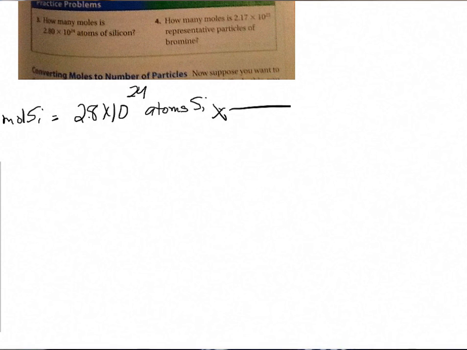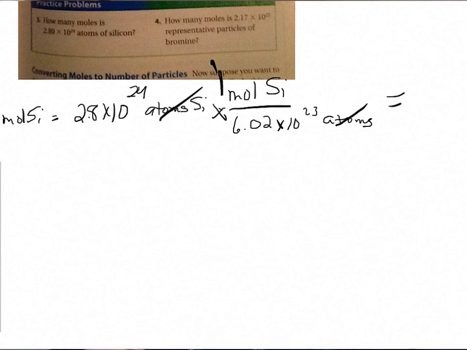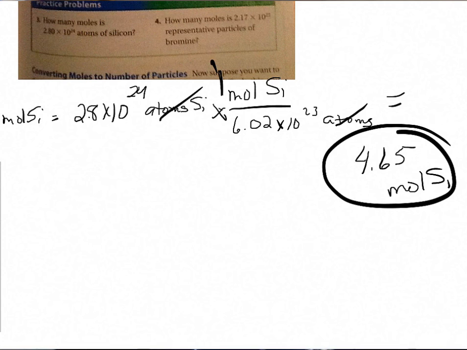So 1 mole of Si, 6.02 times 10 to the 23rd atoms. And this is whatever we're talking about, atoms or molecules or formula units or whatever. So atoms will cancel. I'm left with moles, and if I take 2.8 times 10 to the 24th divided by 6.02 times 10 to the 23rd, I end up with 4.65 moles of Si. Hopefully that's what you got too.